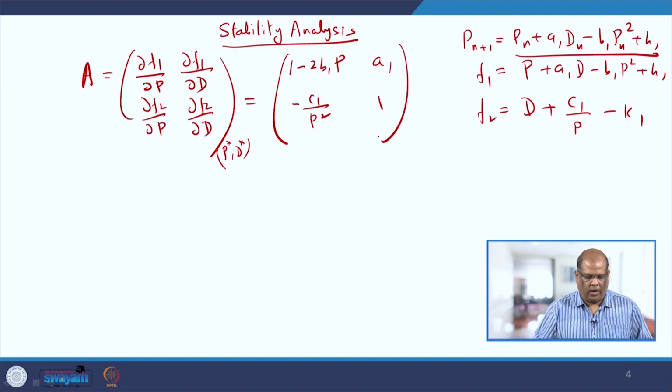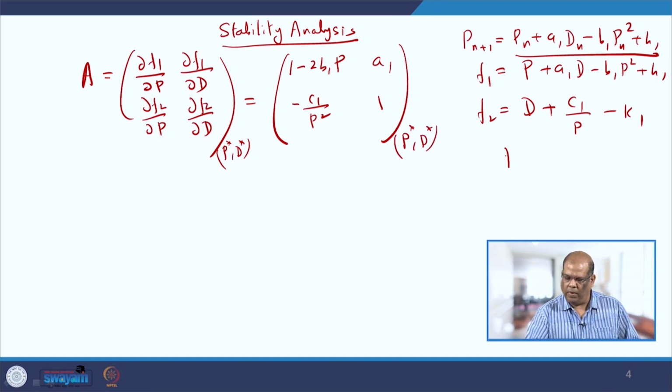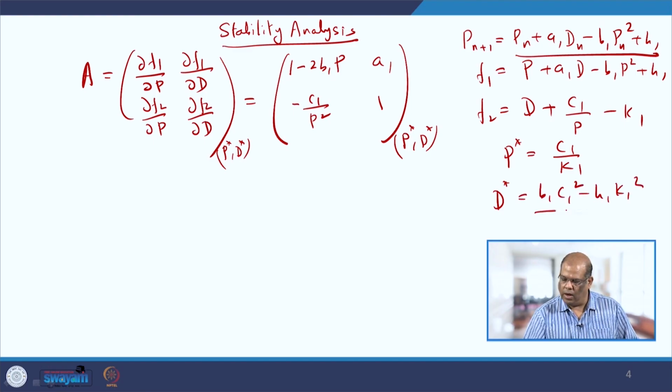And this needs to be calculated at the point P star, D star, where P star is equal to C1 by K1 and D star is equal to (B1 C1 square minus H1 K1 square) divided by A K1 square.